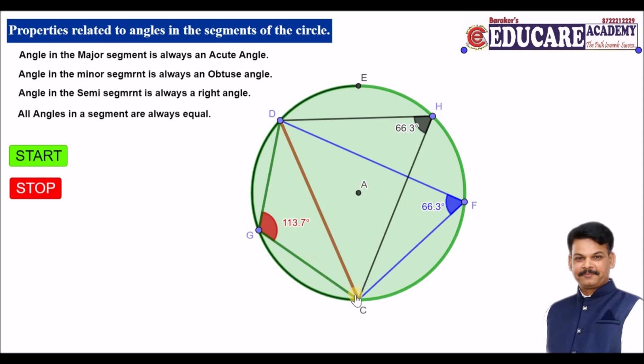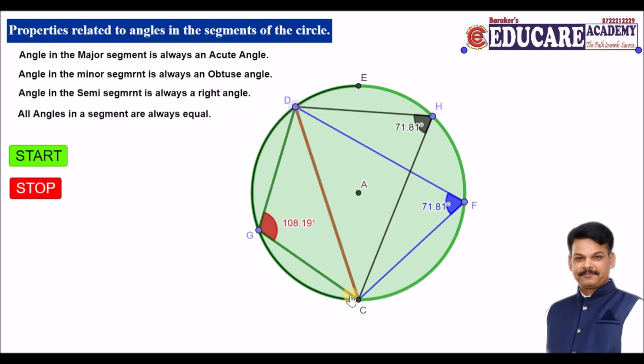So here, depending upon the length of the chord, we may get the minor segment, major segment as well as the semi segment. In this diagram, if the point D is present here, then because of the chord CD, there is creation of one minor segment, the smaller part, which is called CDGC.